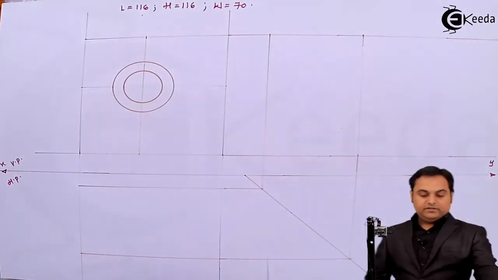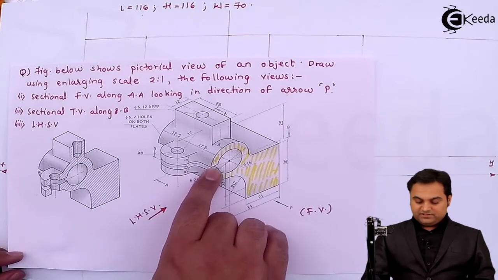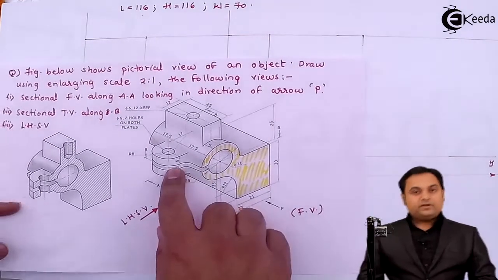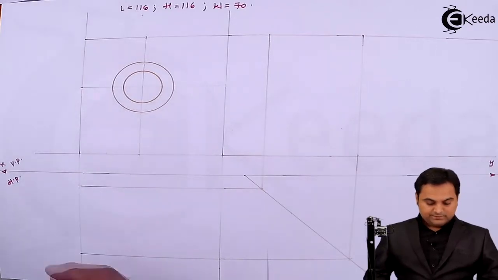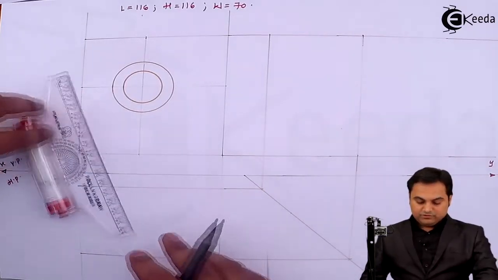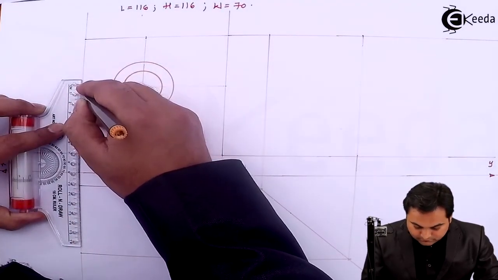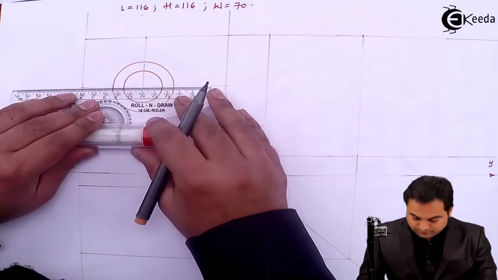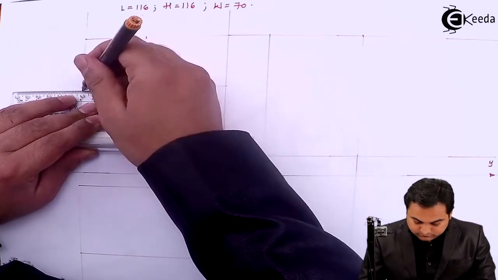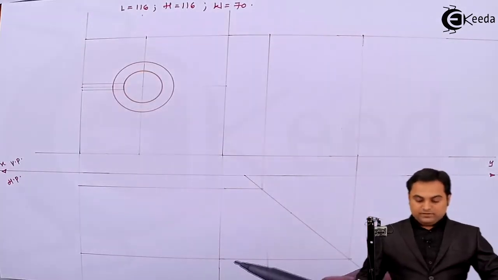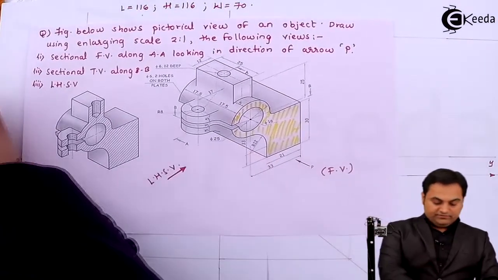Drawing it light. Then here there is a cut of 3 mm. As we see here there is a gap. So that will become 6 mm for us because it is double. And measuring 3 mm on both sides. Then there are these heights of 5 mm.